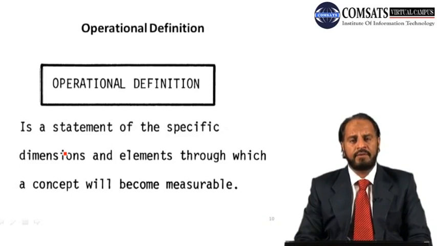When we convert these concepts into behavioral traits, that's the operational definition of the concept, where we define the dimensions and the elements through which we can measure them. Any concept like loyalty, its operational definition will consist of the different dimensions and elements which will help us measure that.